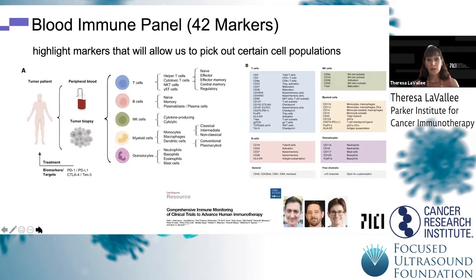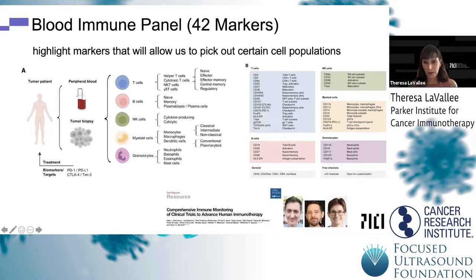But given the complexities and the broad number of cell types involved in the immune system, we really need to devise panels that can allow us to have broad immune profiling to get a look-see at the T cells, the B cells, and the other cells that are really critical to bolster anti-tumor immunity.